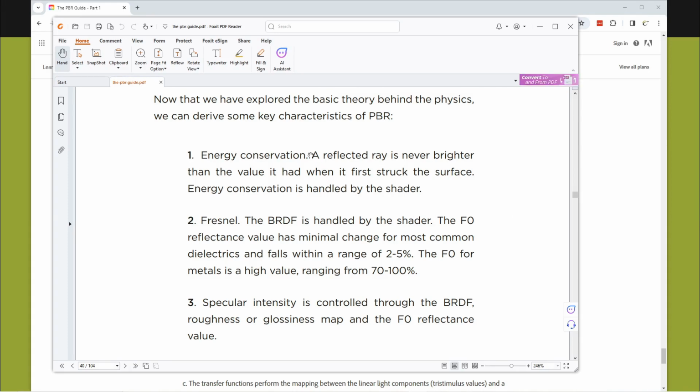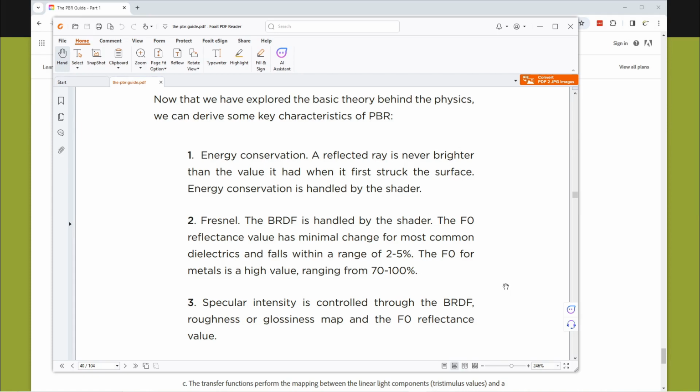Energy conservation: a reflected ray is never brighter than the value it had when it first struck the surface. Energy conservation is handled by the shaders. There's the Fresnel part, so the BRDF is handled by the shader. You may see in Blender we have a BSDF, which is the shader that is used there.